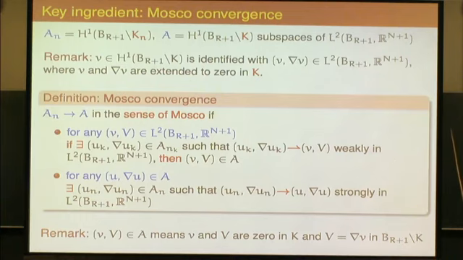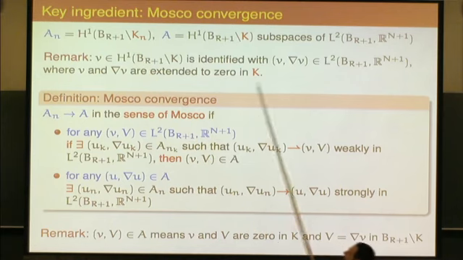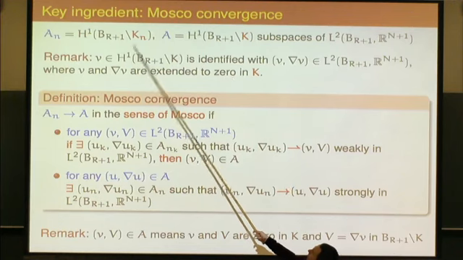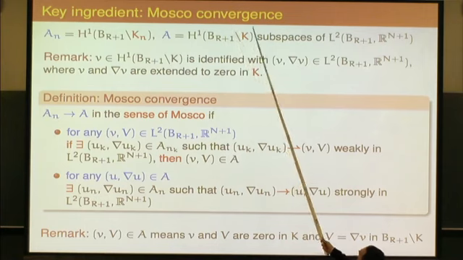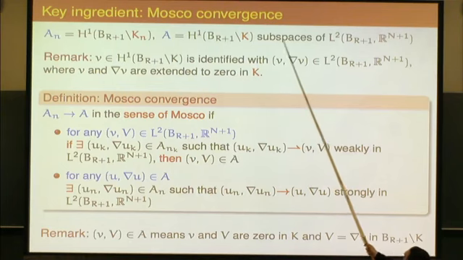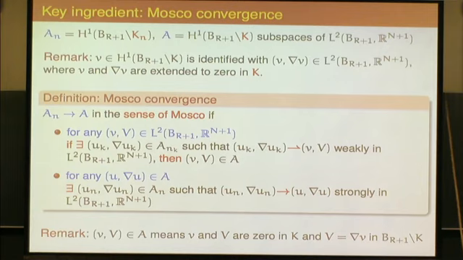I would like to spend a few words on that. So let's consider these Sobolev spaces. An is the H1 of B_R plus 1 minus Kn, and A is the same thing with K. And I think of these to be subspaces of L2 with values in R^(n+1) in this very easy sense.